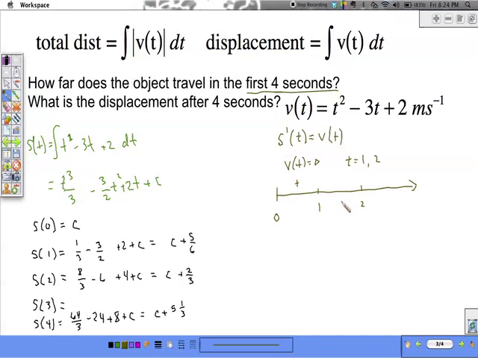After 1 second, it's negative. And then after 2, it's positive again. What does this mean? Well, what it means is that we're moving right, if we're considering our motion in a straight line, and then left, and then right again.